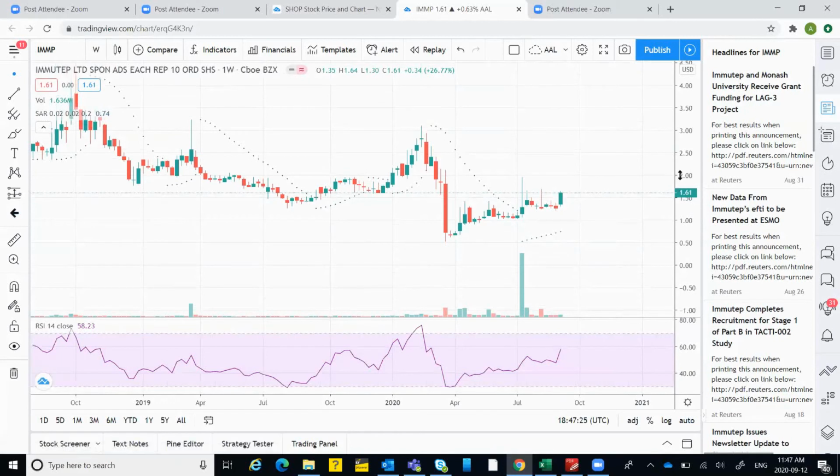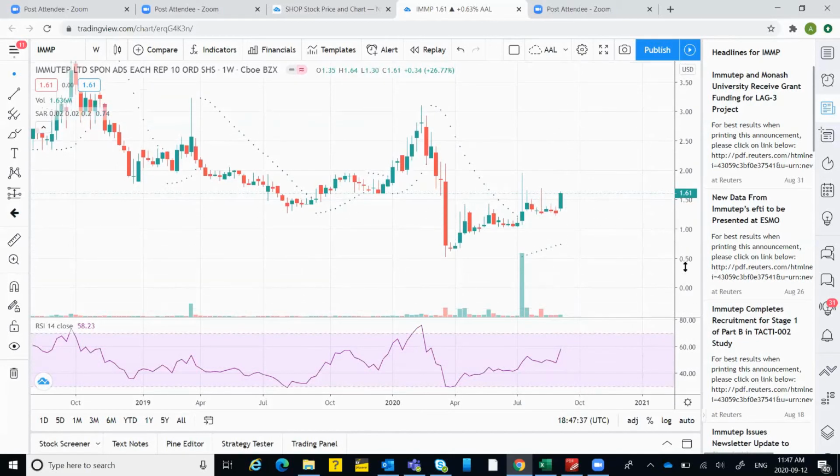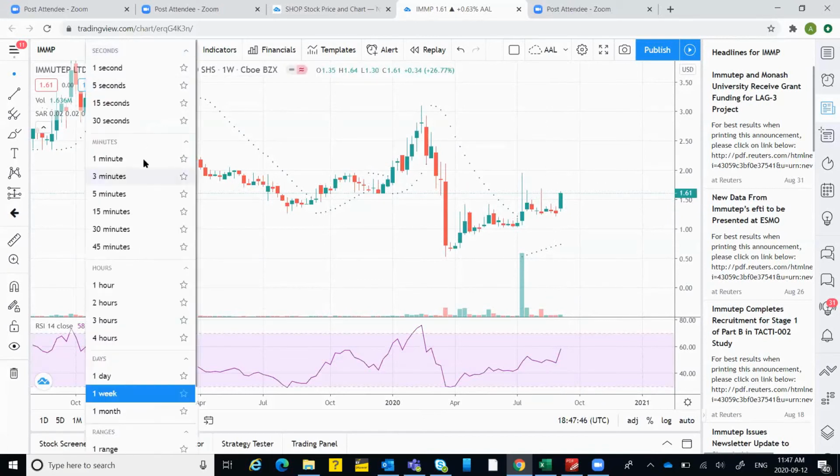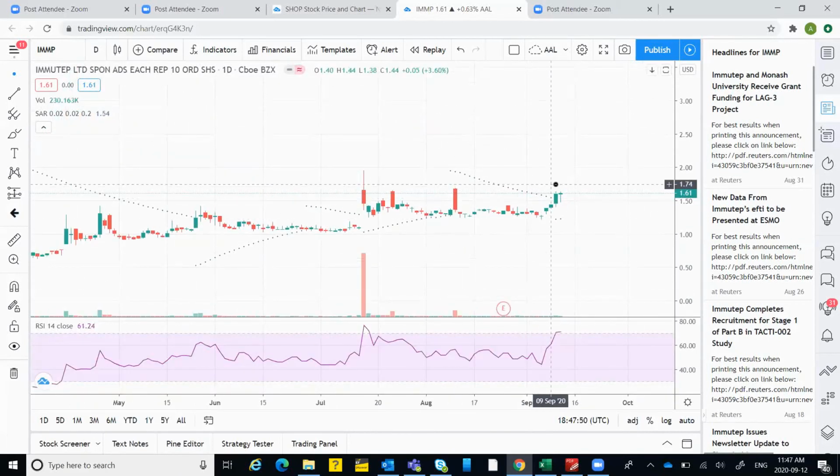On the weekly side, also the same analysis: RSI is positive, going upward, and here we got a big green candle, which is a positive sign again. So you are positive in this stock on the weekly time frame as well as the daily time frame.